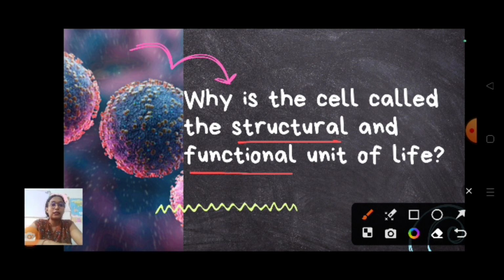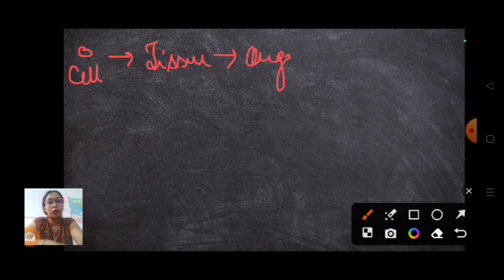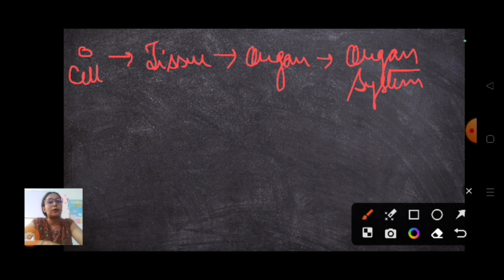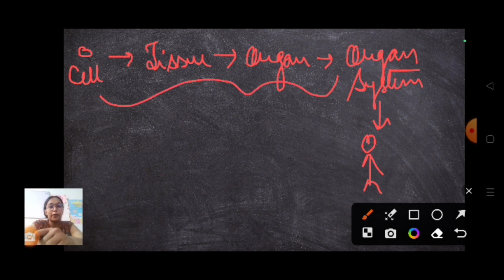I have already discussed why it is called the structural unit: from a particular cell, all the cells club up together to form tissues, then all the tissues club up together to form organs, all the organs club up together to form your organ system, and all the organ systems club up together to form a particular individual. Therefore it is called the structural unit of life.